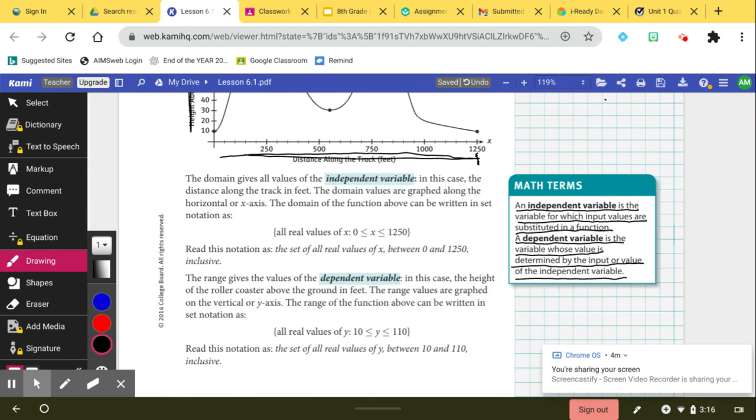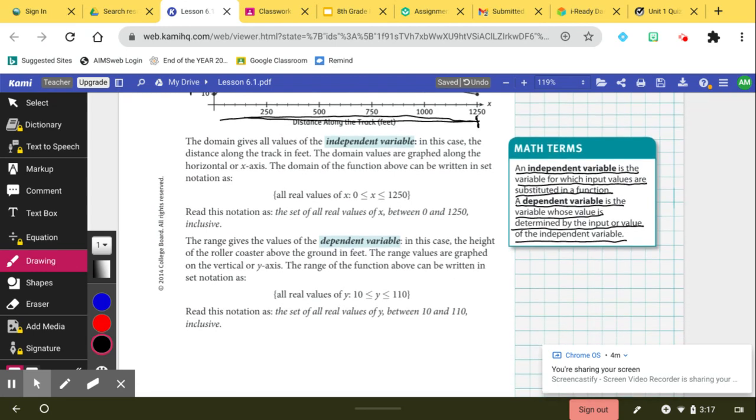In this case, it's the height of the roller coaster above the ground in feet, because the height of the roller coaster depends on how far along the track the car is. The range values are graphed on the vertical or y-axis. In the range, we can see y's that are greater than or equal to 10 and less than or equal to 110.